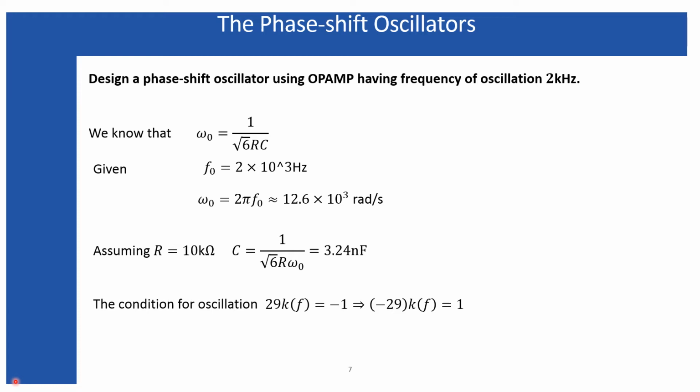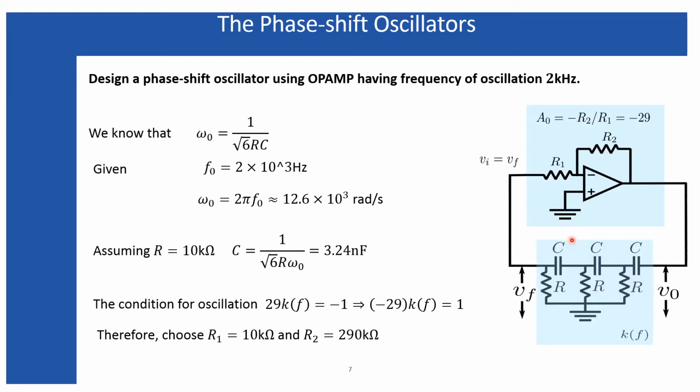So I'm going to design the oscillator over here using the operational amplifier, where for R1 and R2, I'm choosing R1 as 10 kilo ohm and R2 as 290 kilo ohm.